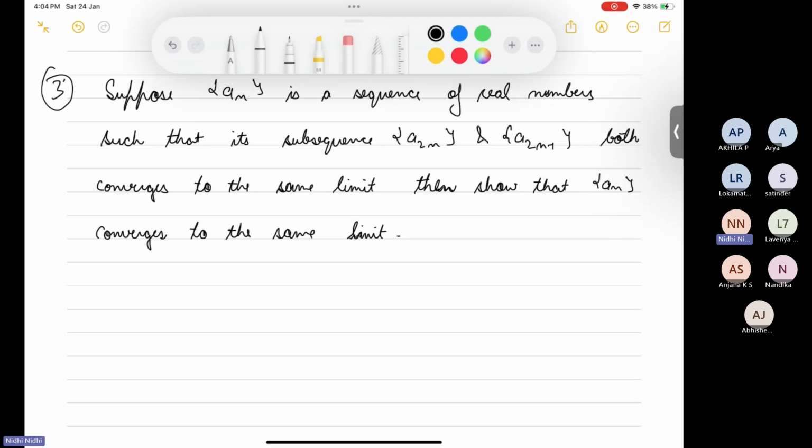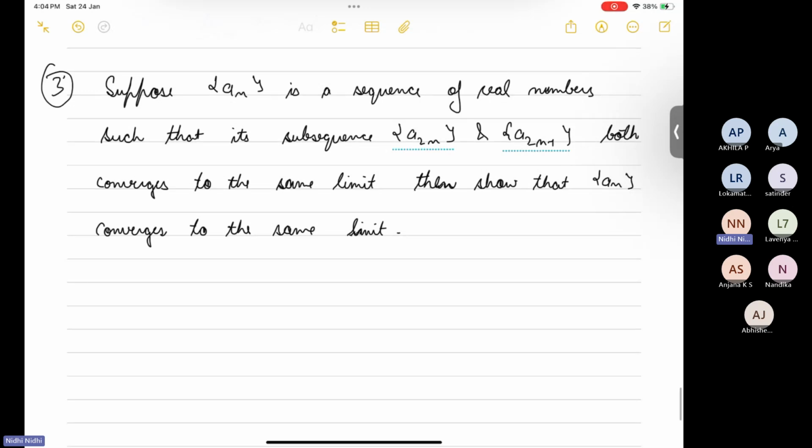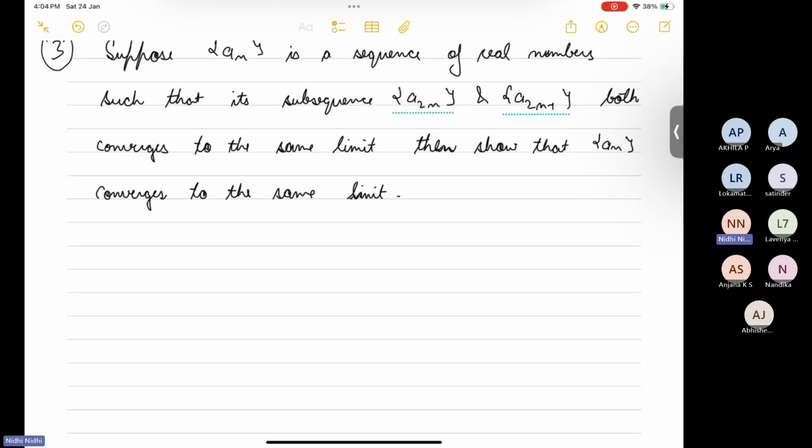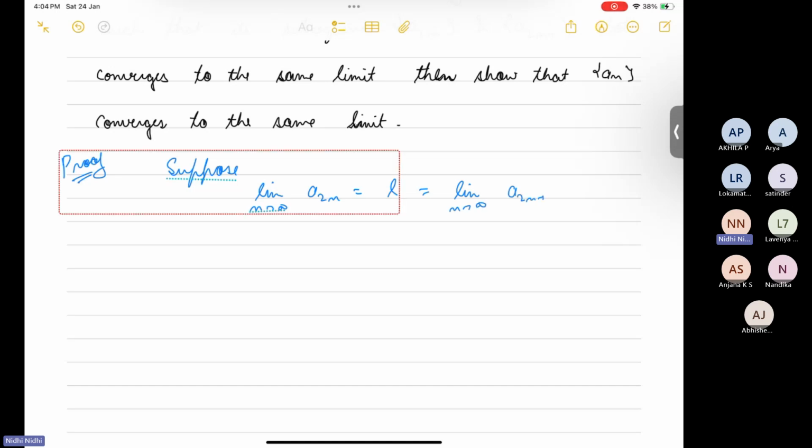Now let's see how to prove this. When the sequence is convergent, there is no issue. The problem occurs when we do not know anything about the main sequence, but we have some idea about the subsequences. We are given that both subsequences are converging to the same limit, so assume both converge to some L. Suppose limit n tending to infinity a2n is equal to L, and this is equal to limit n tending to infinity a2n minus 1 as well.